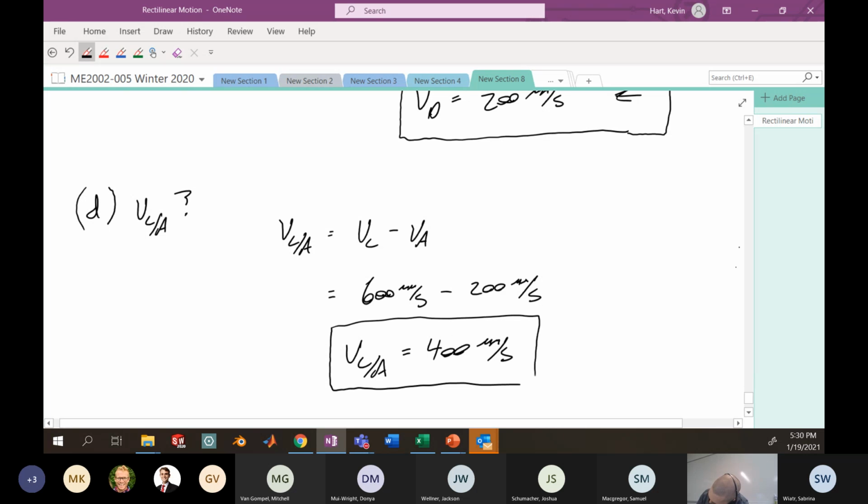So the idea here is if I'm standing on A and looking at point C, how is C moving from my general perspective? Well, point C is moving 400 millimeters per second to the right if I were to be standing on point A. Interesting.